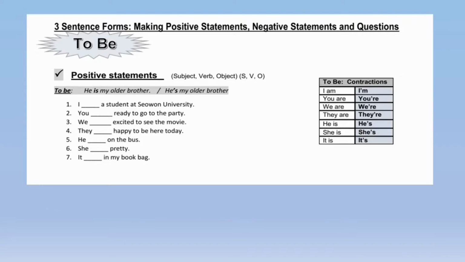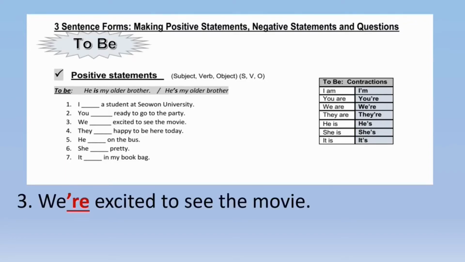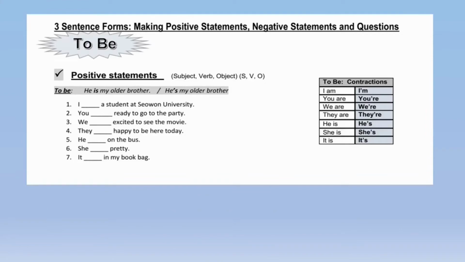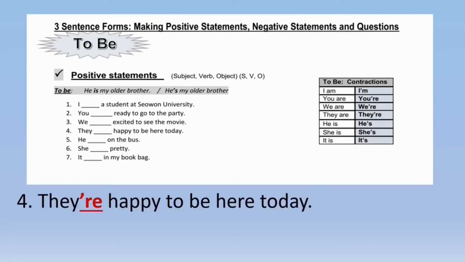Number 3. We, excited to see the movie. We're excited to see the movie. Number 4. They, happy to be here today. They're happy to be here today.